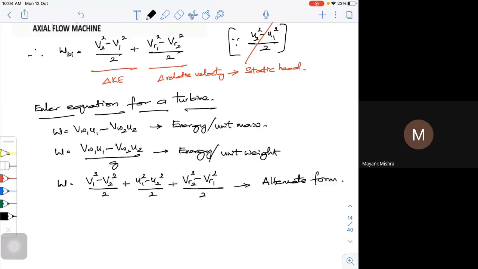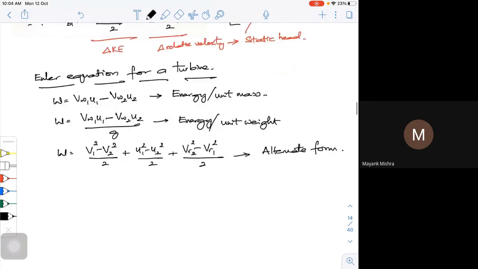The same thing for an axial flow turbine: in that case, U1 and U2 are both the same, so I can write it as V1 square minus V2 square by 2 plus VR2 square minus VR1 square by 2. This is for an axial flow turbine.